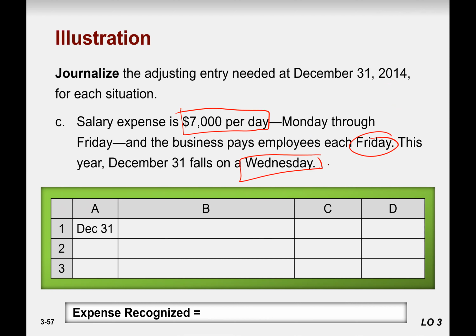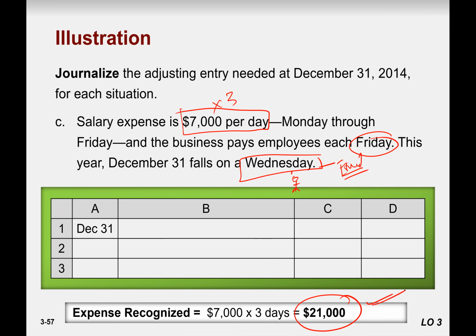No, we would pay on Friday, right? So till Wednesday, how much salary is payable? 21,000. Yes, well done. 7,000 multiplied by 3, 21,000.